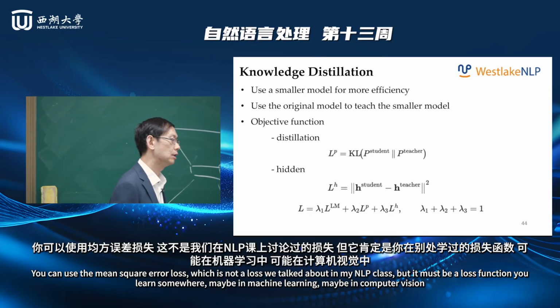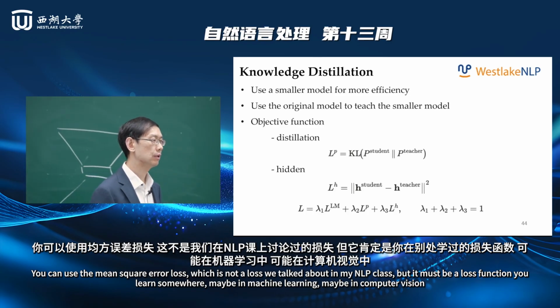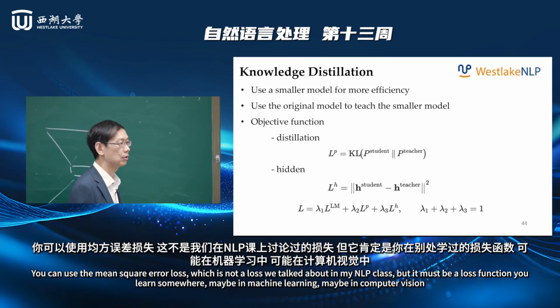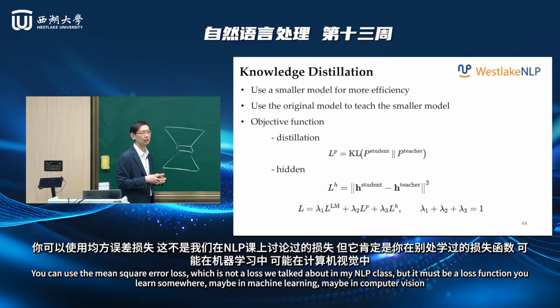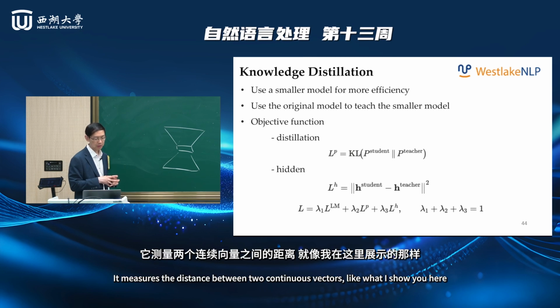You can use the mean square error loss, which is not a loss we talked about in my NLP class, but it must be a loss function you learned somewhere, maybe in machine learning, maybe in computer vision. So it measures the distance between two continuous vectors, like what I show you here.